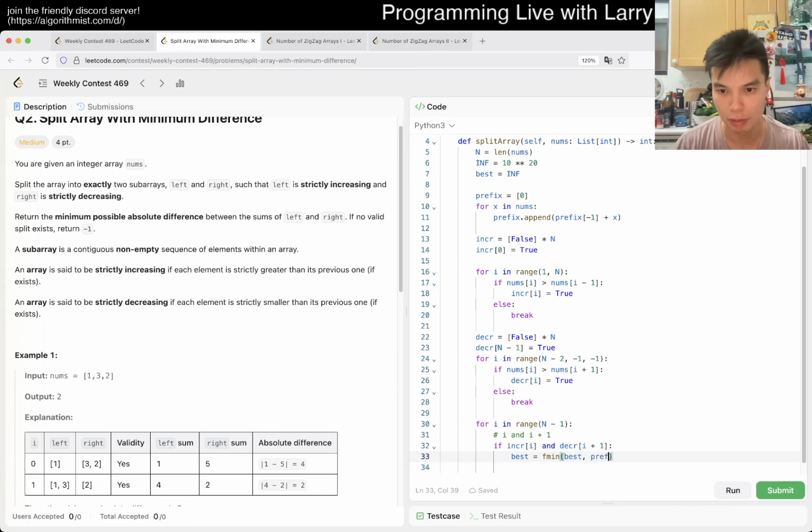Sum of... this is such an annoying problem, actually.